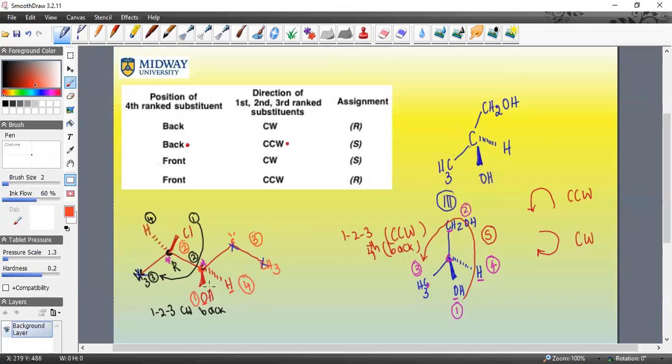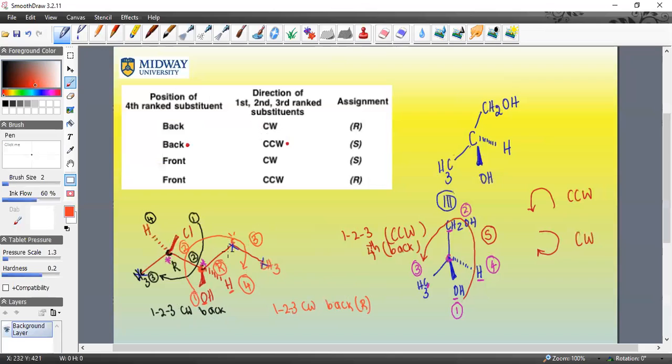So there's only one way you can connect, so that would be still 1, 2, 3, right? So that is clockwise still. So 1, 2, 3 is clockwise, and still clockwise, and then the fourth group is in the back. So clockwise back, this is R. So that is clockwise back, and this is R, and this is R as well.